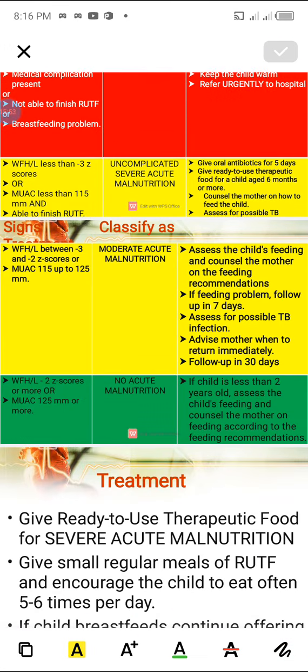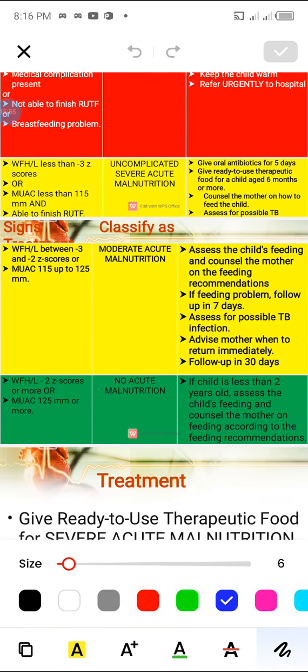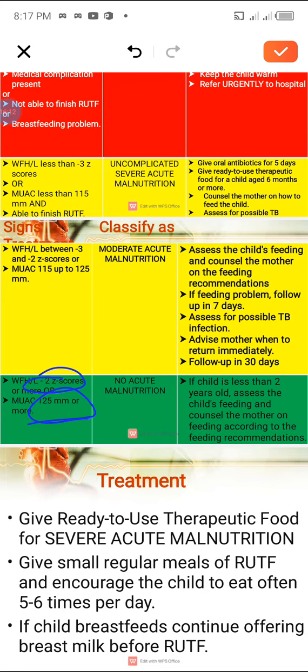Then what about now the last part? The last part where we're saying that weight for height, okay, -2 Z-score or more. This is what we call no acute malnutrition, okay? Or MUAC 125 millimeters or more.